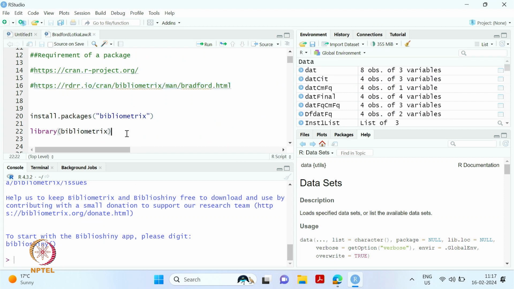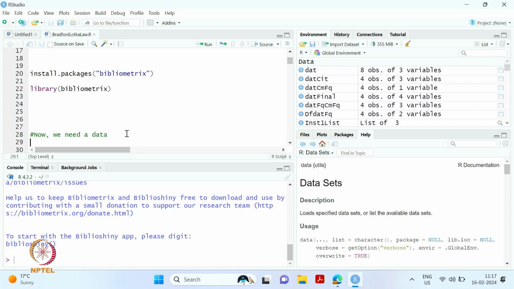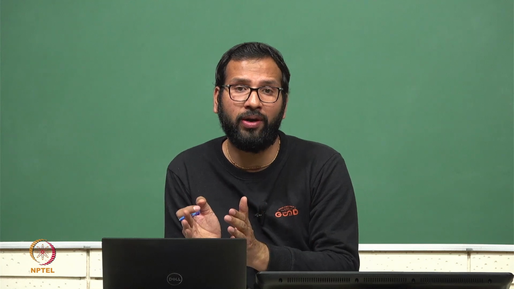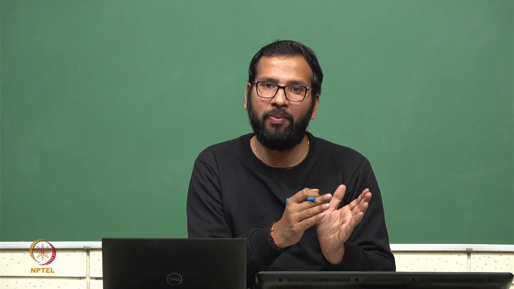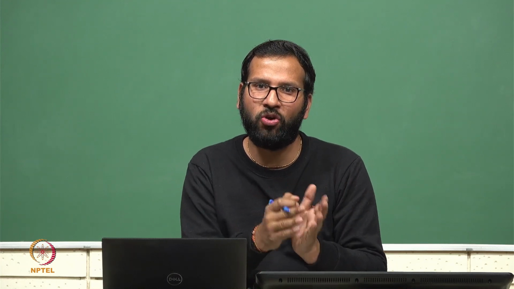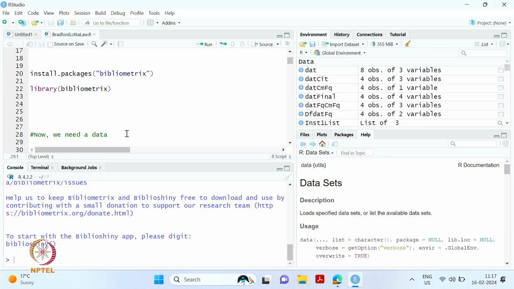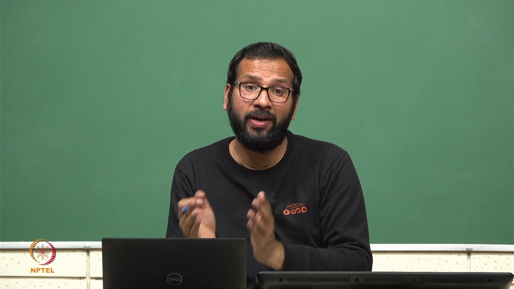I hope the package is installed. Now we need data to do the analysis. One way is to extract the data from bibliographic data sources like Scopus, Web of Science or PubMed. But for testing purposes, we have some data sets.